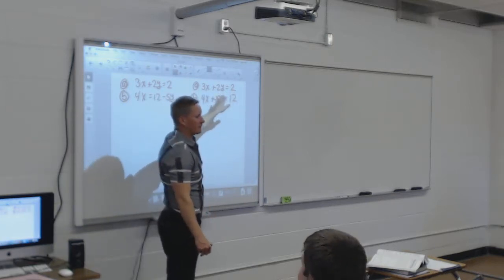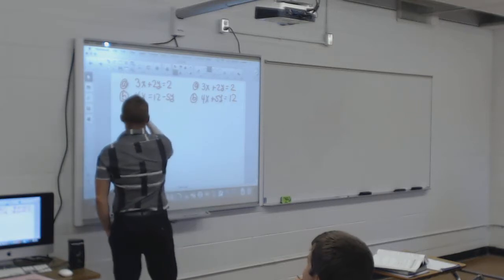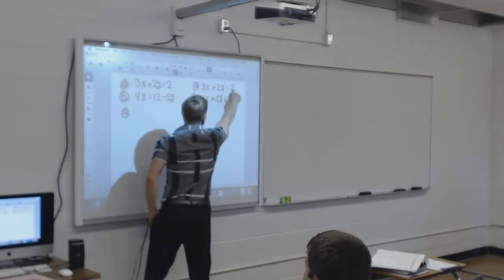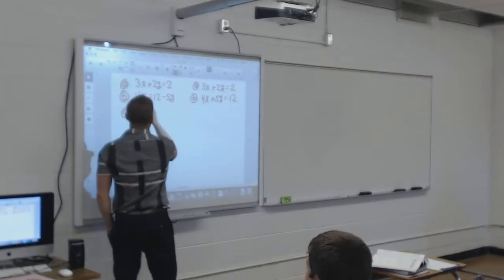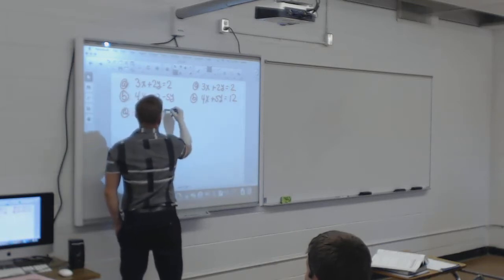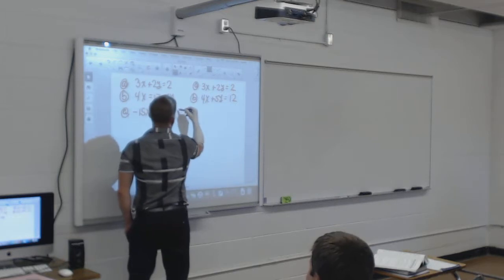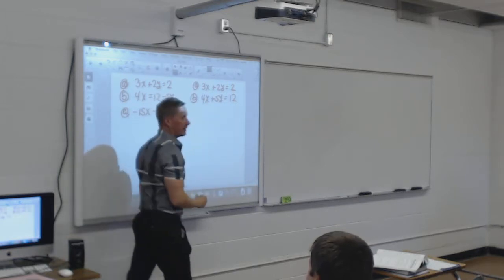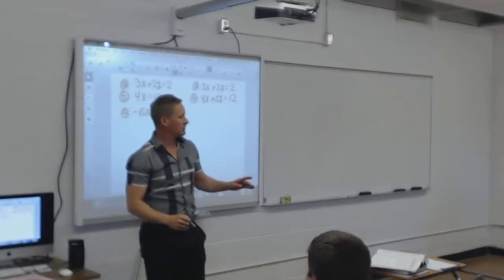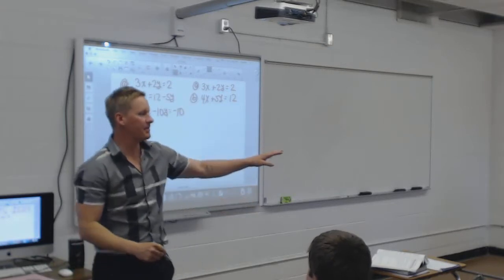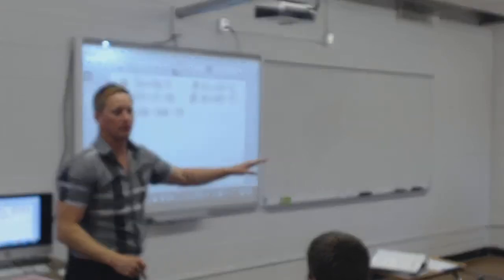He's trying to set it up for himself to make it easier. So let's multiply this all by negative 5. What does that give me? Minus 15x, right? Minus 10y equals minus 10. Agree? Okay, so far? I like what he's doing here.